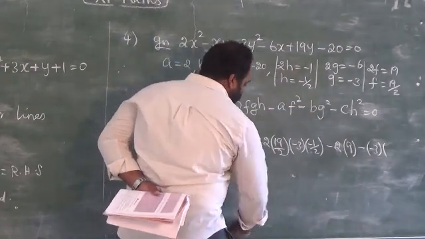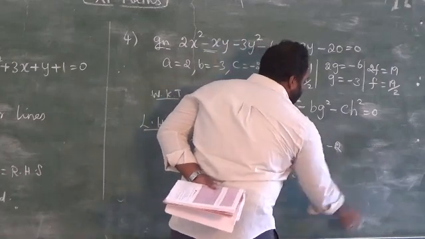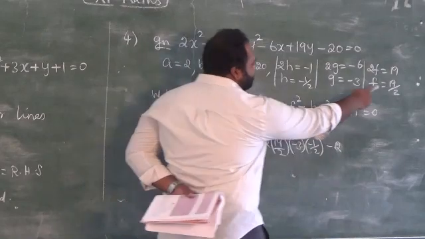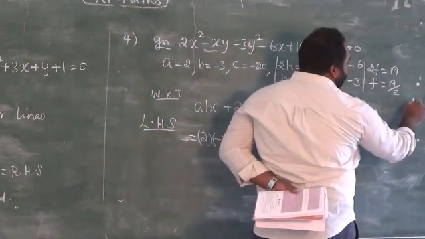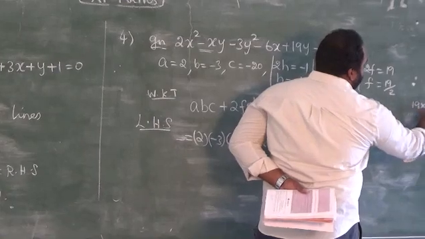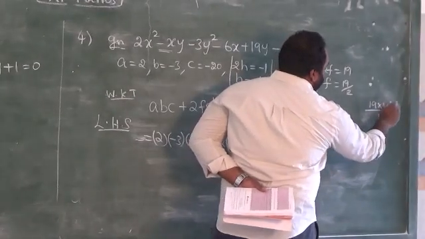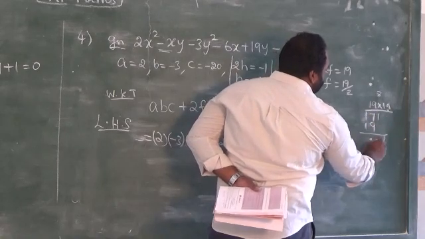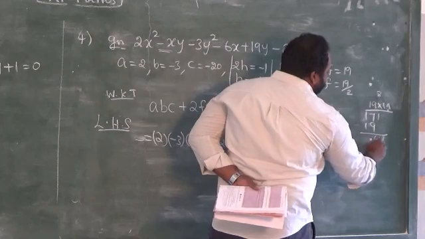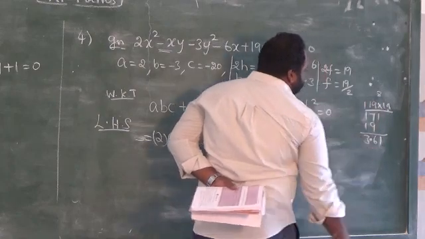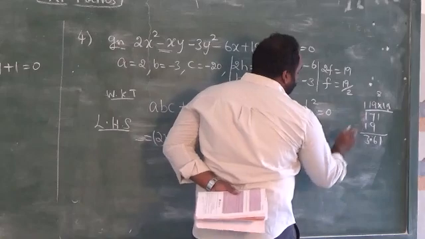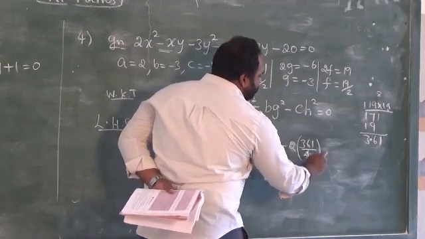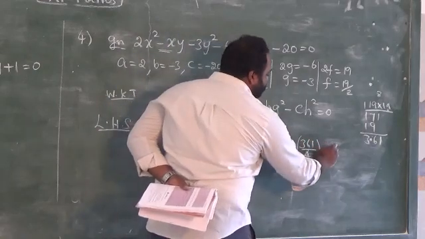Sorry, here I changed it, please change it here. This is A into F square, F square is 19 square by 2 square, 19 into 19, 361 by 4. Next minus B into G square.